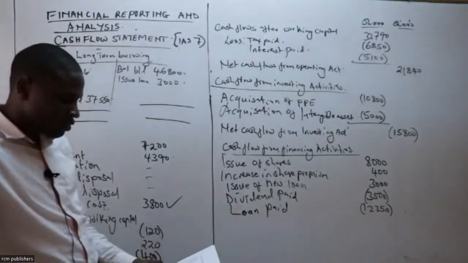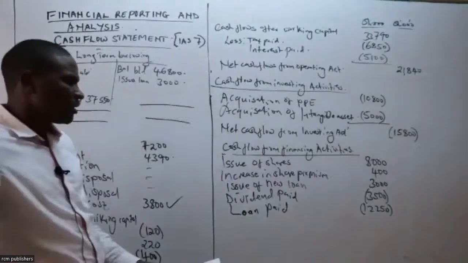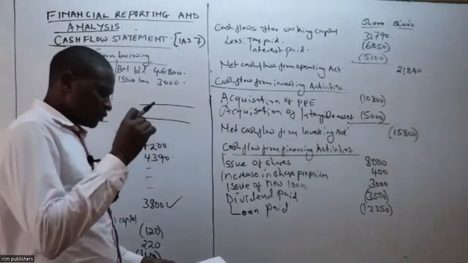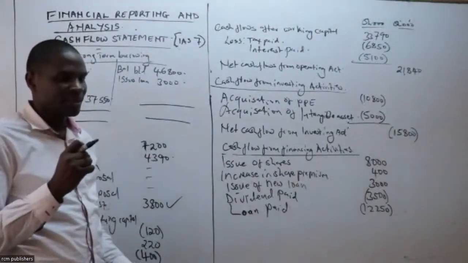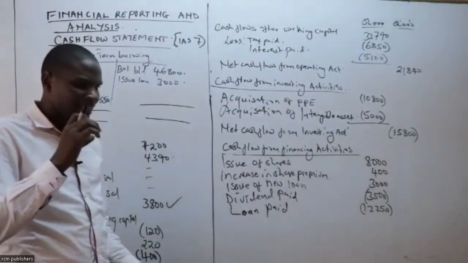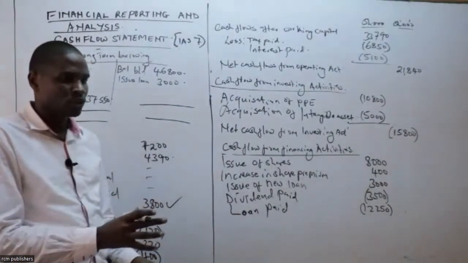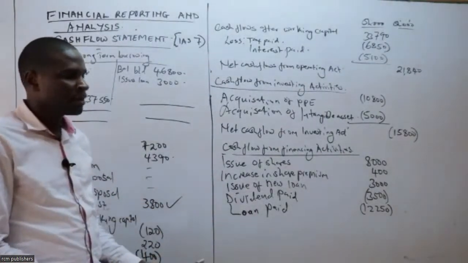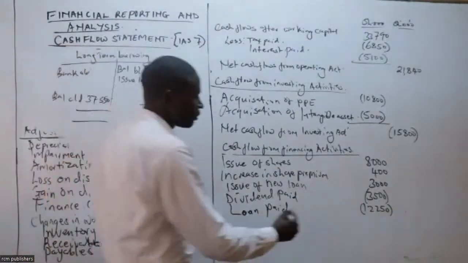The company does not make any transfer for excess depreciation upon revaluation. So the revaluation in the balance sheet will not affect us here, because you were told that the company does not make any transfer. So there's no way that revaluation is linking us here. In this case, I think that is all about our financing.